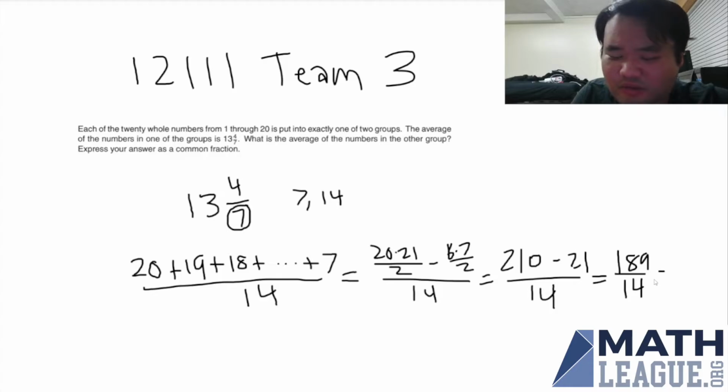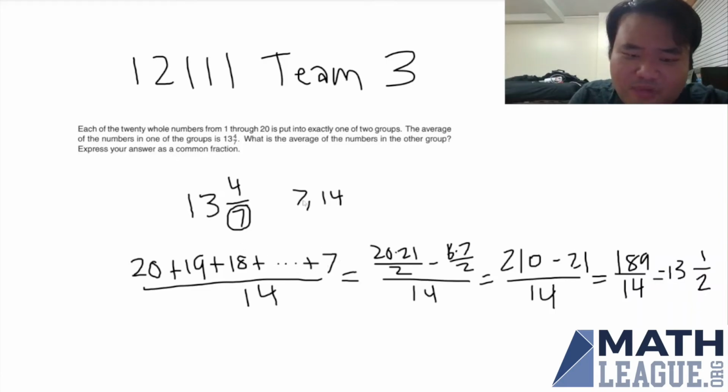After calculating this, we get that this is equal to 13 and a half. But note that 13 and a half is less than 13 and 4/7. So 14 is not possible.